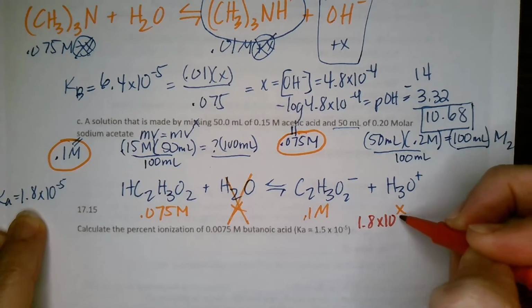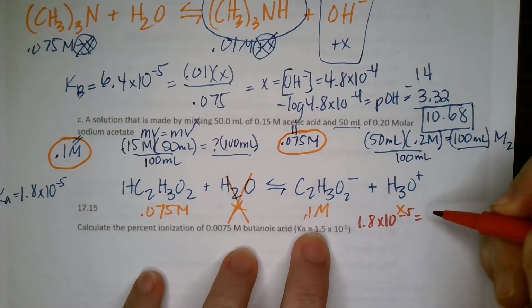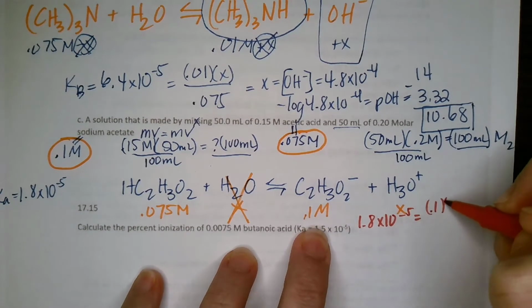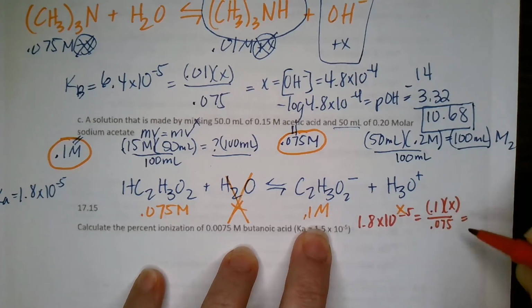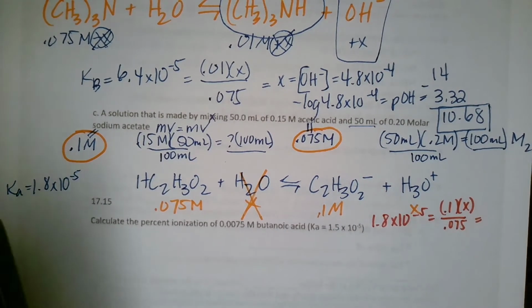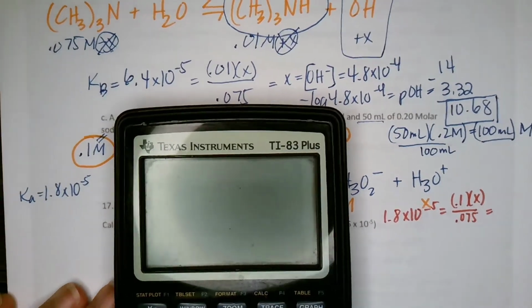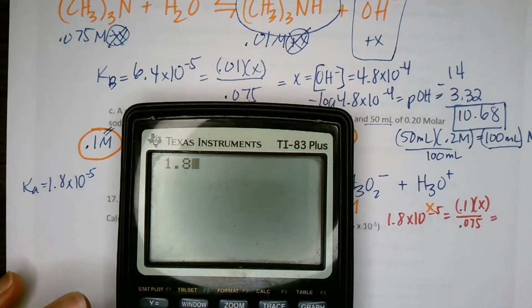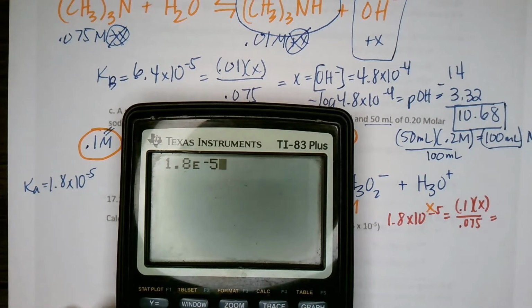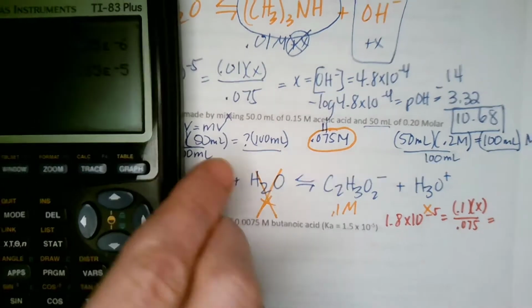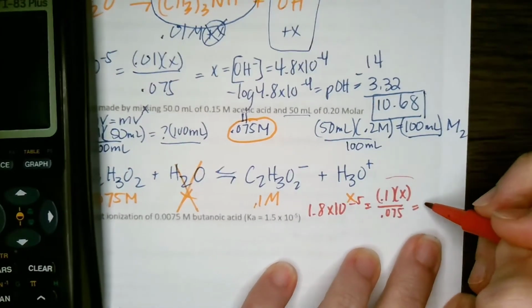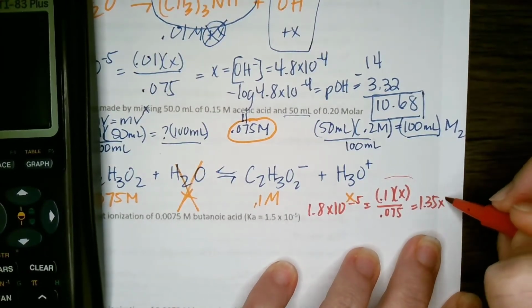So we just need to do our products over our reactants. Let's do that here. We'll say our Ka, our 1.8 times 10 to the negative 5 is equal to 0.1 times X over 0.075. So let's do 1.8 times 10 to the negative 5 times 0.075 and divided by 0.1. Gives me 1.35 times 10 to the negative 5th.